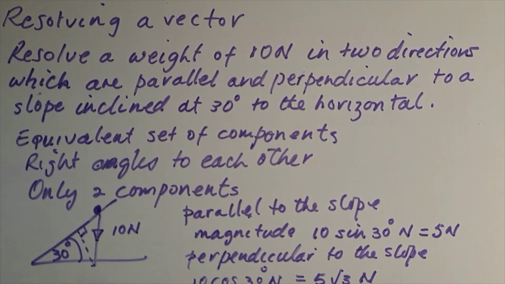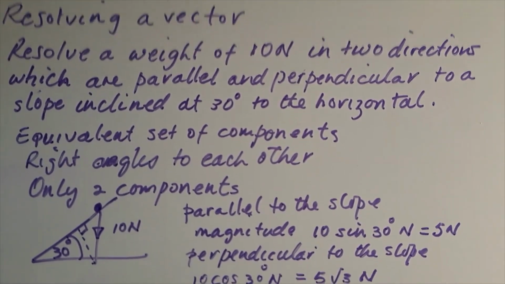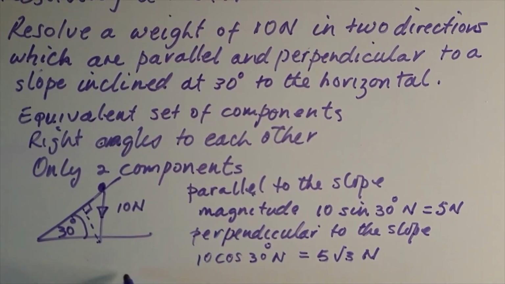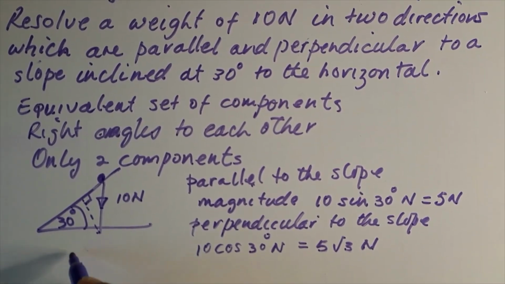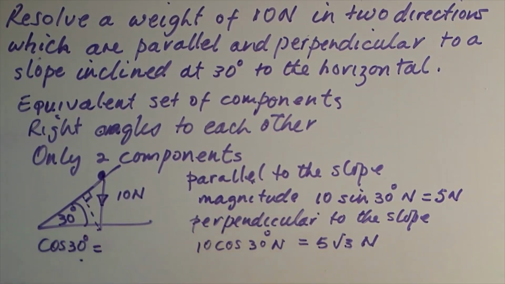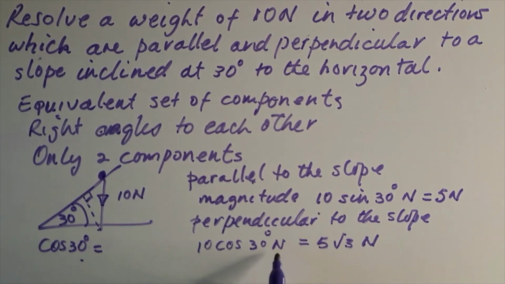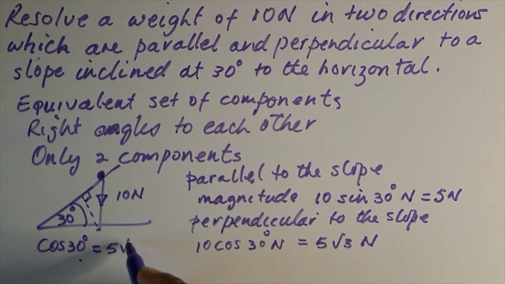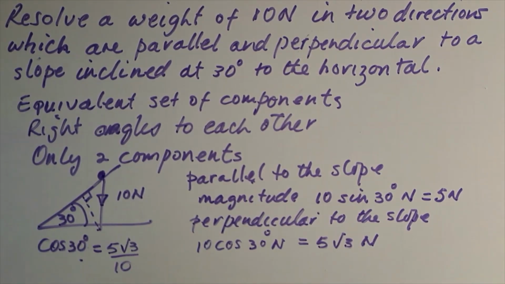If you're confused by this, you can write it in terms of the trig ratio, cosine 30 degrees is equal to the adjacent over hypotenuse. And if you were to rearrange this, we'll have 5 root 3 over 10.